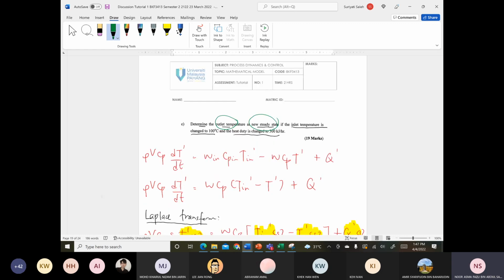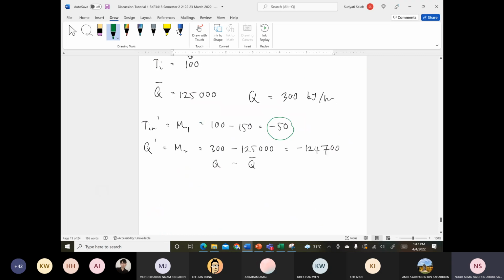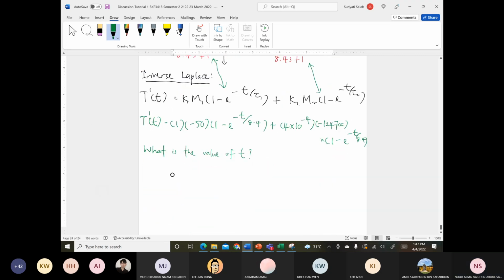When it refers to the new steady state, if the time is not given, then we assume the new steady state value occurs at t equal to infinity. This is the standard rule, standard guideline. If the time is not given, then we can simply assume time equal to infinity as our new steady state value. So please take note of that.